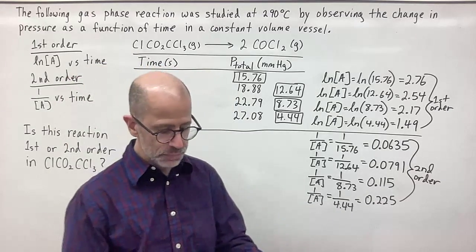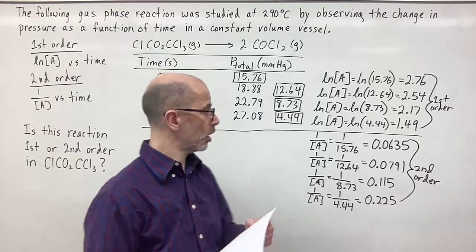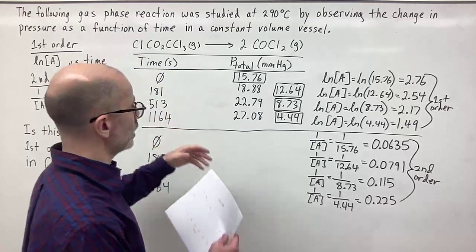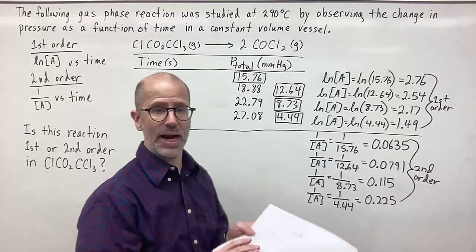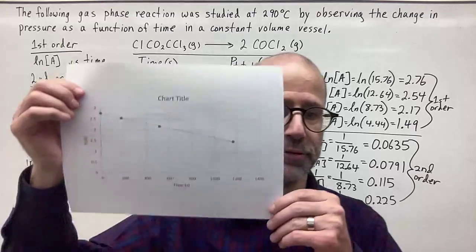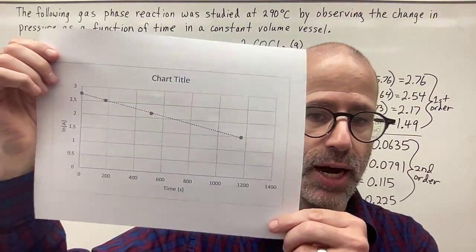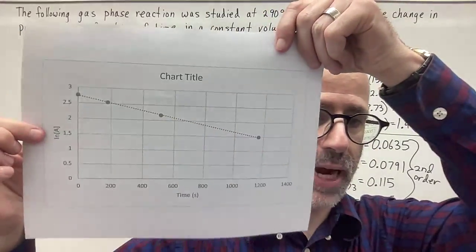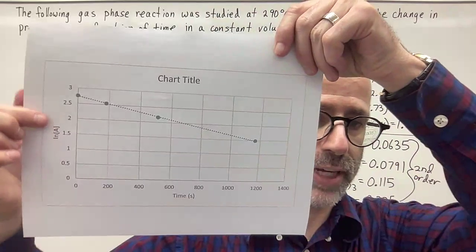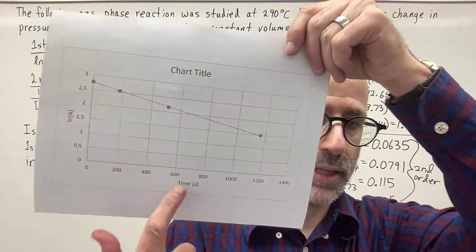So here is the graph for the first order, the natural log of A versus time. So what do you notice? Here on the side, this is your natural log of A, and this represents the time.